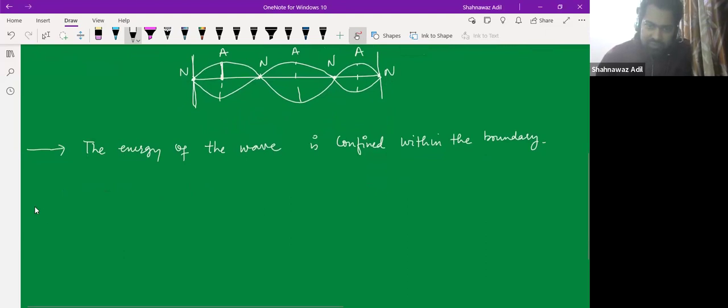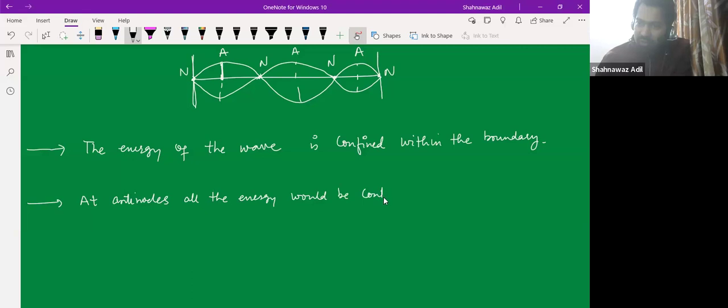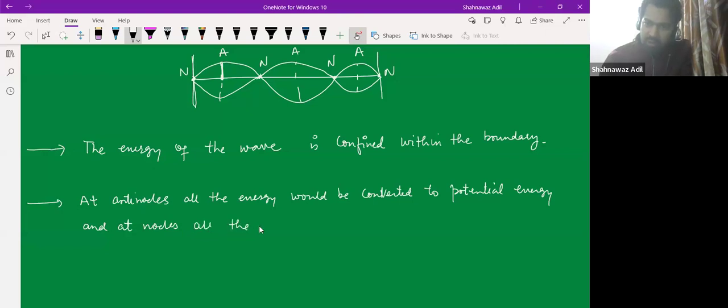And at antinodes, all the energy is converted to potential energy, and at nodes, all the energy is converted to kinetic.